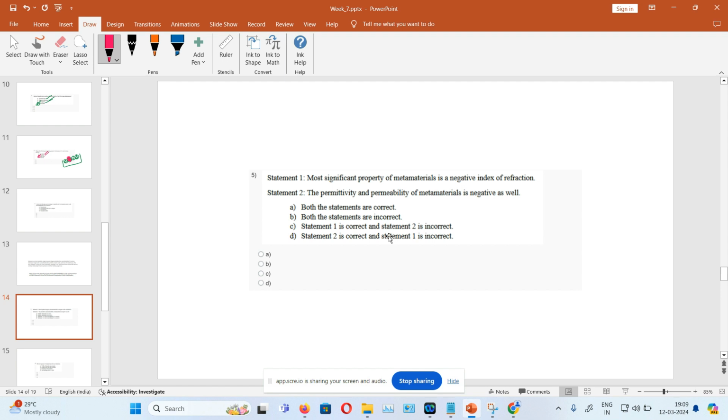These engineered structures show properties beyond normal materials. That's why the name metamaterial came. So the main property is that it will show a negative refractive index. Okay.